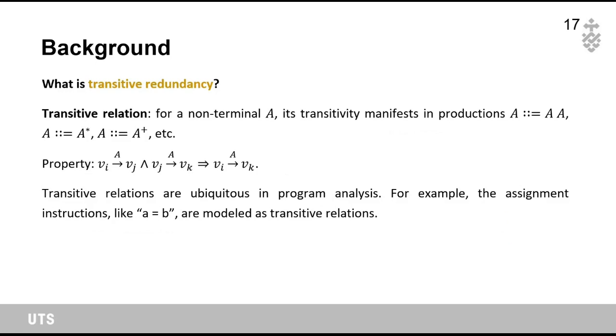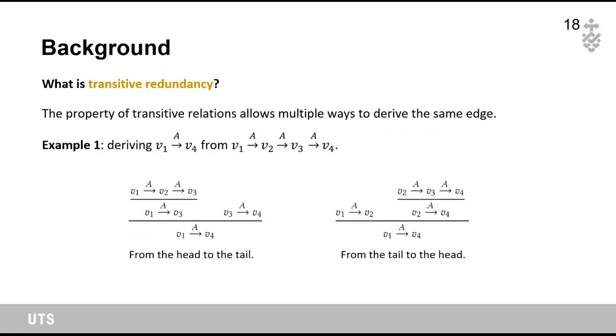Transitivity indicates that any two transitive relations from Vi to Vj and from Vj to Vk indicate a new one from Vi to Vk. Transitive relations are everywhere in program analysis. For example, most assignment instructions in programs are modeled as transitive relations. The property of transitive relations allows multiple ways to derive the same edge.